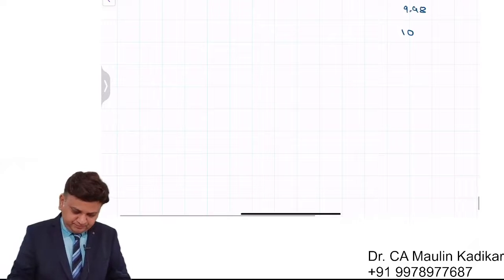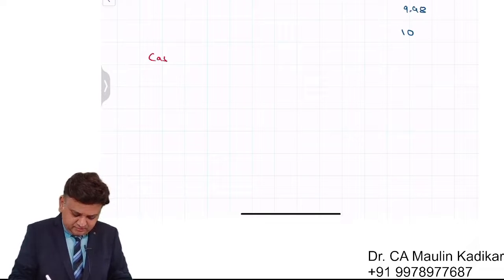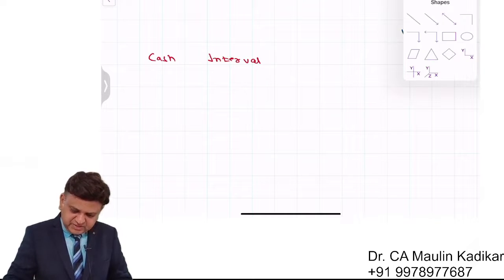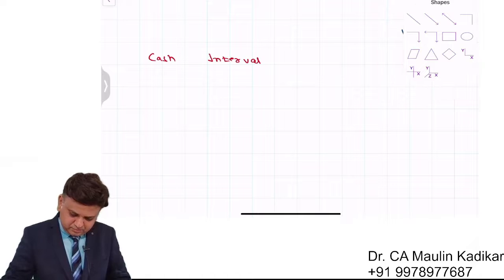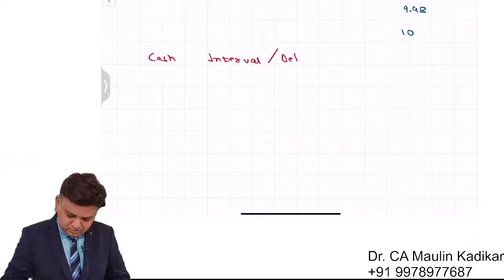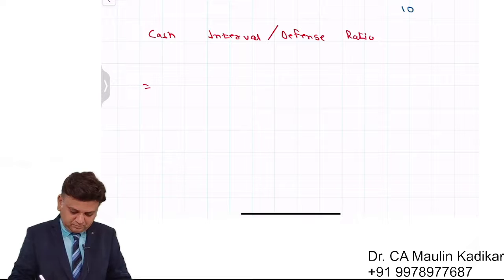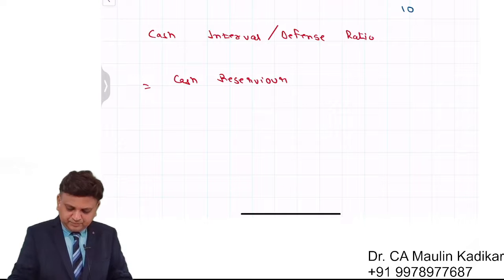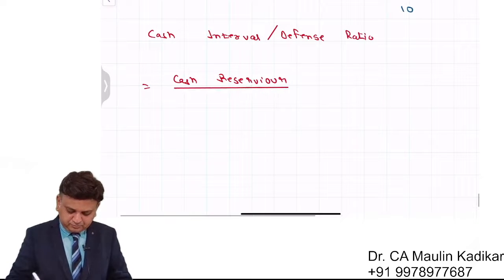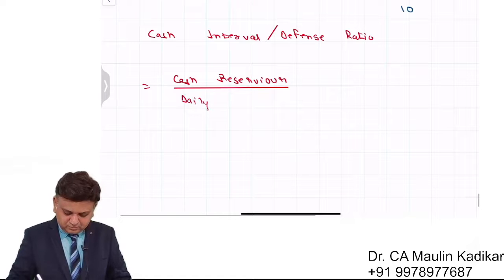So write an answer. Cash interval or defense ratio. In that write down cash reserve divided by daily cash expenses.